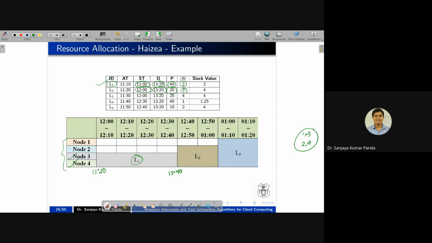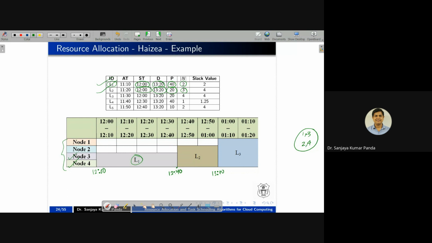So L2 can get service from 12:40 onwards only. 3 nodes for 20 minutes, starting at 12:40, will go up to 13, that is 1 p.m.